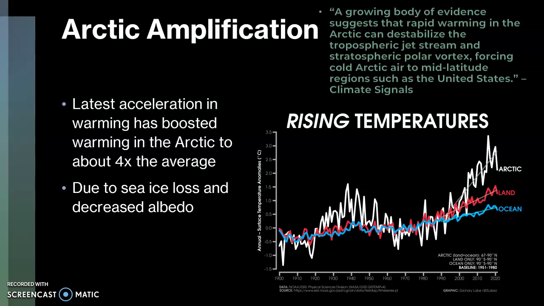But studies have been showing that the Arctic, due to the acceleration in temperatures and the melting of the ice, has been found to be warming about 4 times the average of the rest of the world. With that warming comes ice loss and decreased reflectivity of the planet.